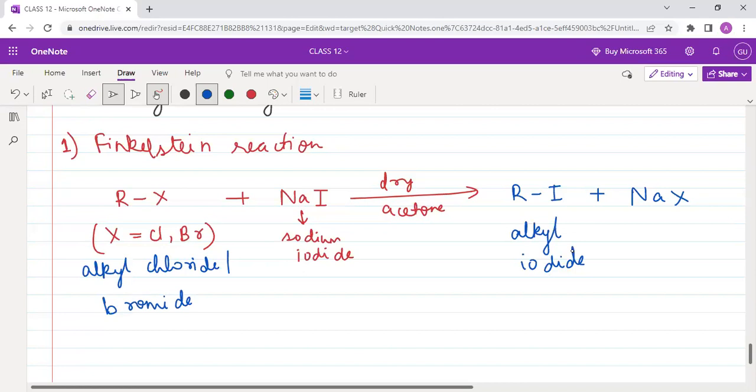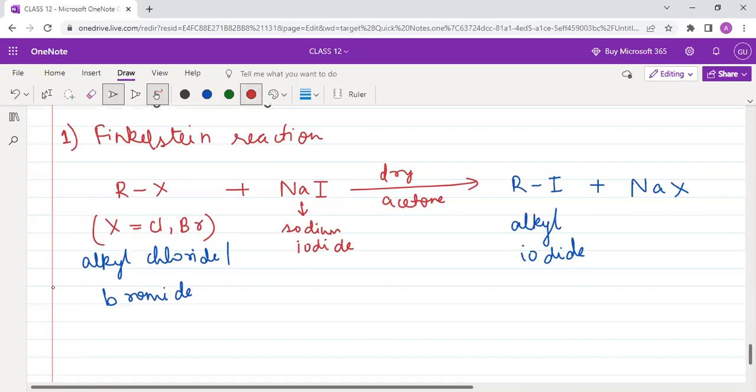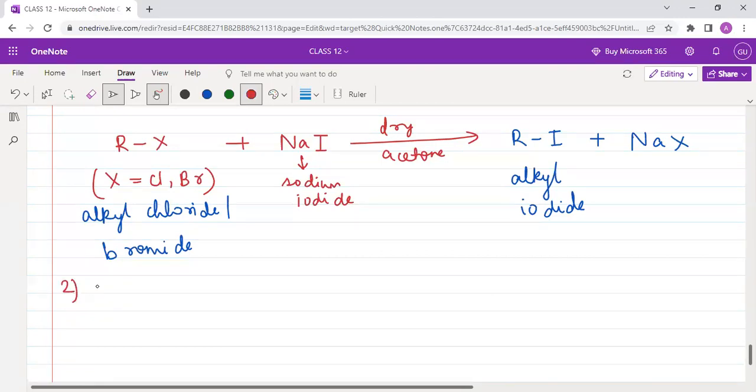Now the next one is the Swarts reaction. Do you remember it? See, in the Finkelstein reaction, we prepared alkyl iodide. In the Swarts reaction, we prepare alkyl fluoride.